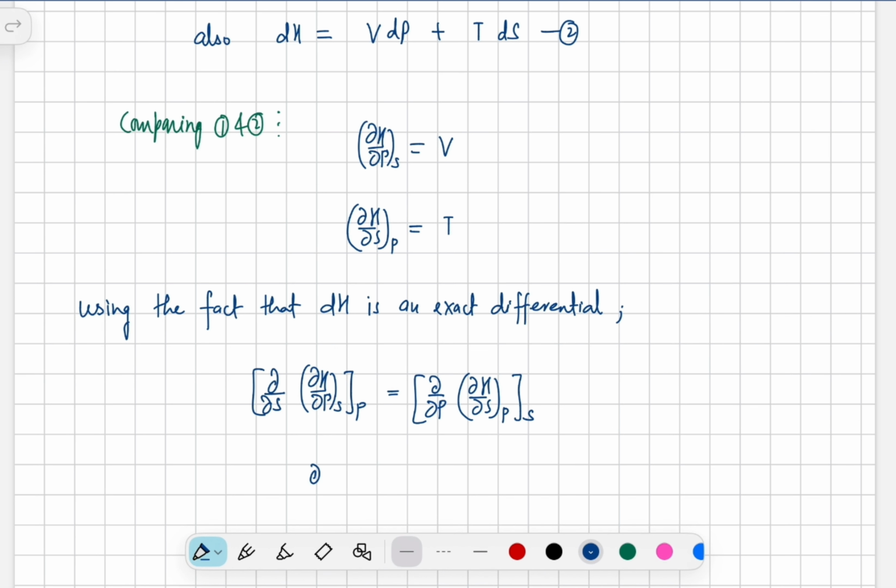So you will get del V by del S at constant P is nothing but del T by del P at constant S. This is again one more Maxwell relation. Fine. I hope you can do the last one, that is Gibbs free energy. And there should be no difficulty in deriving it.